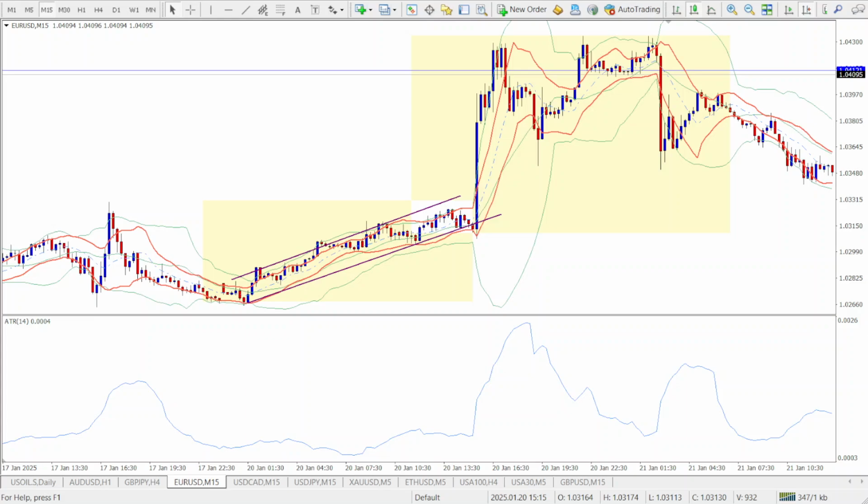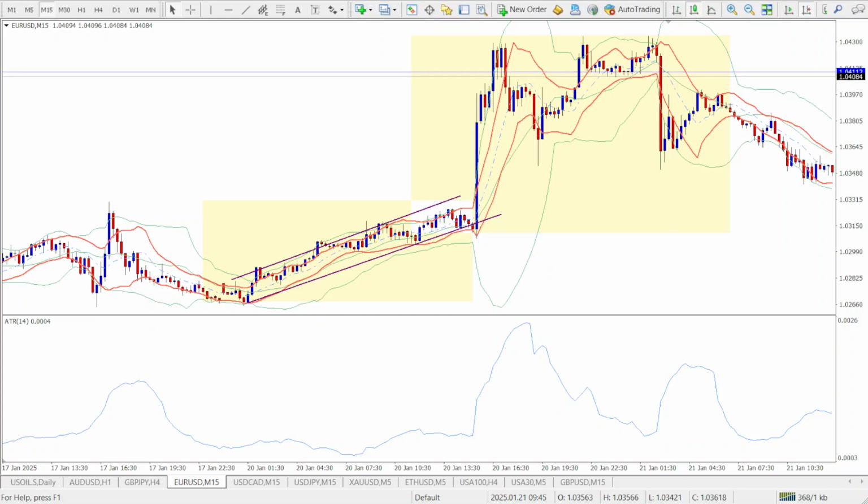Focus on trading during major Forex sessions like the London or New York sessions when volatility is naturally higher. And then avoid choppy markets. If the market isn't showing clear signs of low or expanding volatility, it is better to wait for a cleaner setup. Now, by following these tips, you can increase your confidence and consistency with the strategy.